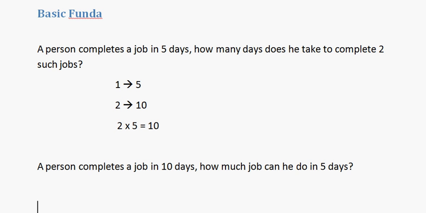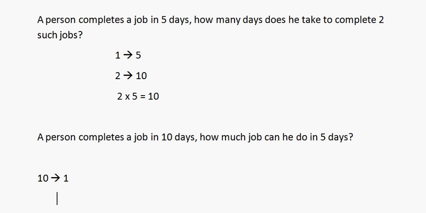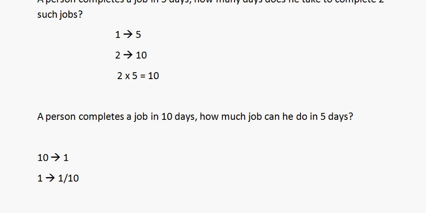Now in the same question, if we tweak the question, we have to again apply the chain rule. It says that a person can complete a job in 10 days. How much job he does in 5 days? So in 10 days he complete 1 job. In 1 day, how much part of job is done? 1 by 10th, right?